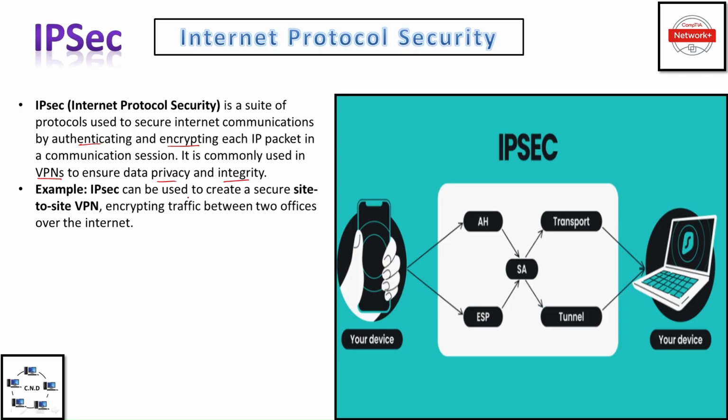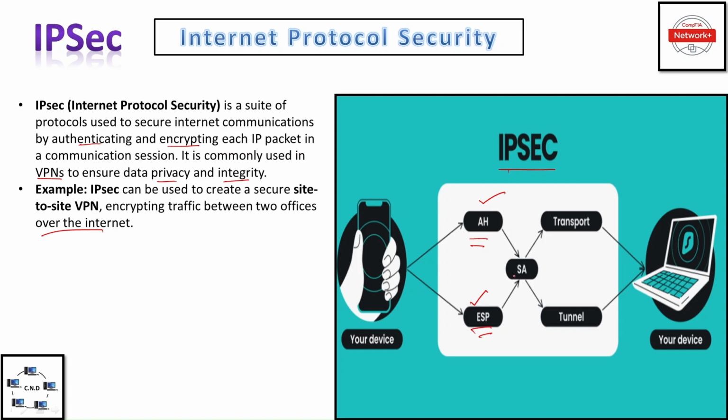For example, IPsec can be used to create a secure site-to-site VPN, encrypting data traffic between two offices over the internet. So as we already studied, IPsec uses two main protocols, that is AH, Authentication Header, and ESP, Encapsulating Security Payload. AH is mainly used for authentication and integrity, while ESP also provides confidentiality as well as authentication and integrity.